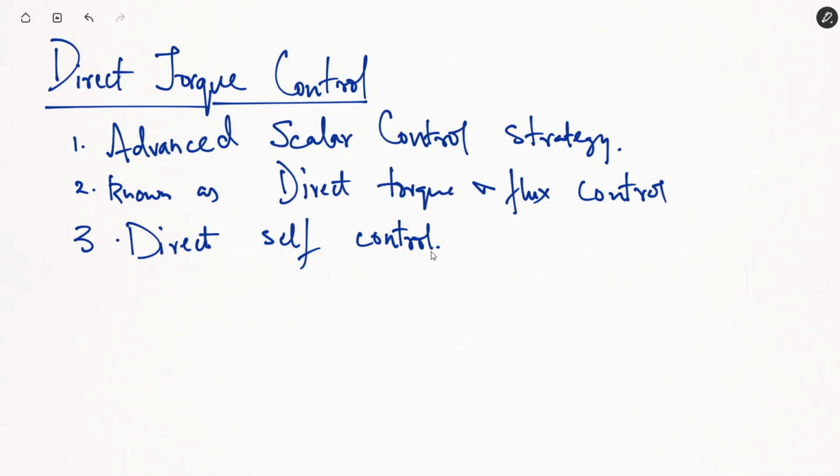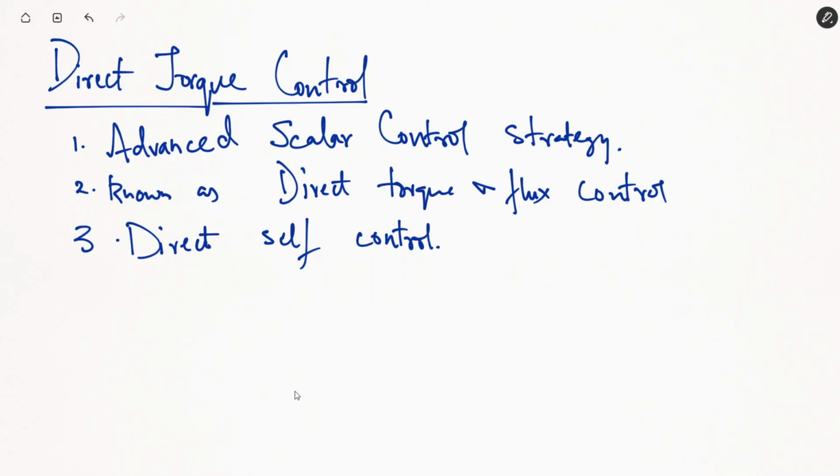We do not measure torque or flux directly in vector control strategies and control them directly. But in direct torque control, we'll be directly measuring the torque, directly measuring the flux and comparing them with their respective reference values, so as to control the induction motor's torque and flux.